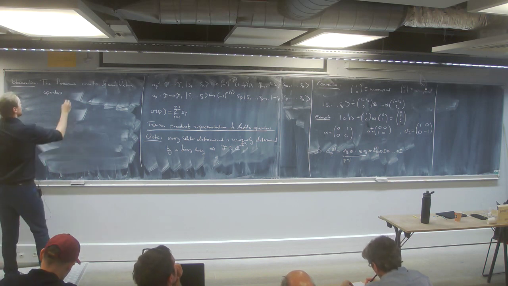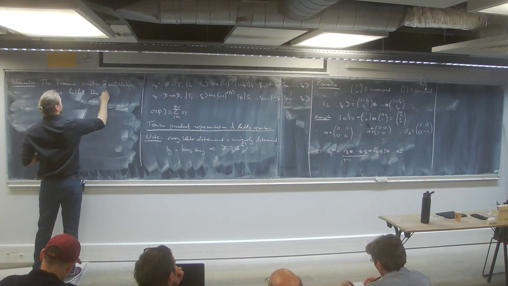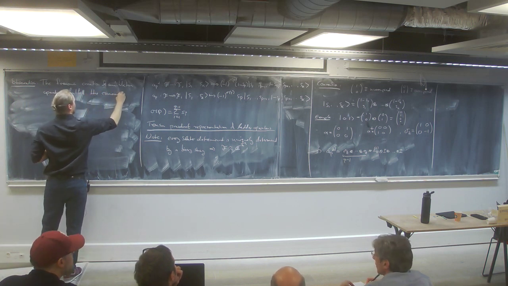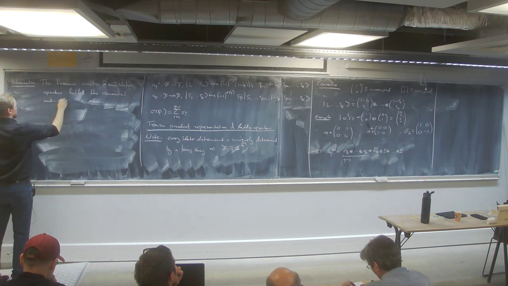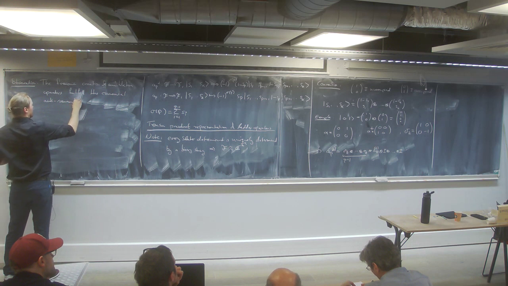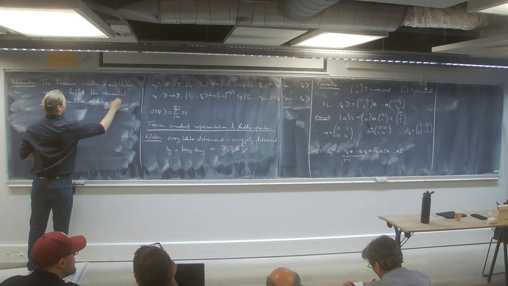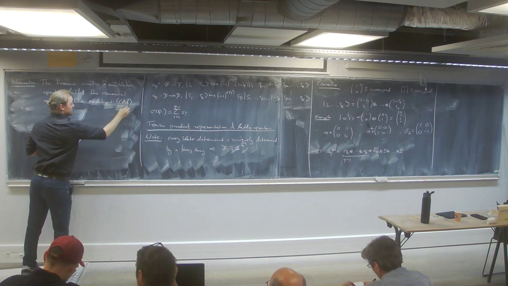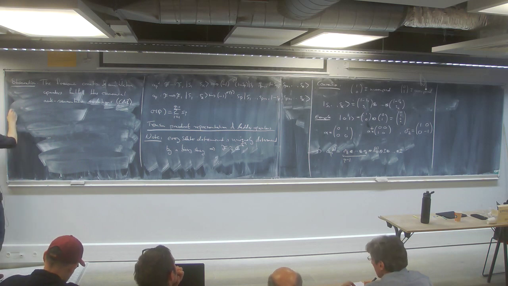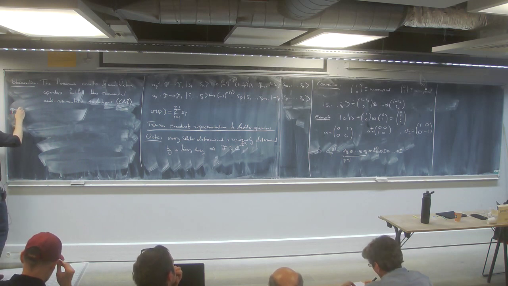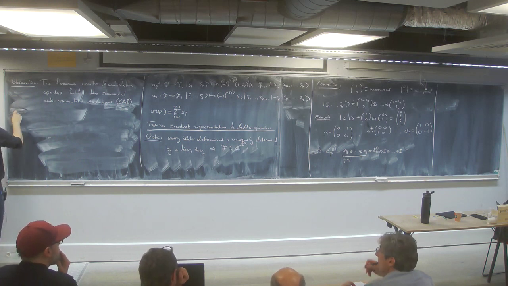Yeah? So they fulfill canonical anti-commutation relations, so they form a CAR algebra. So we can actually prove this.